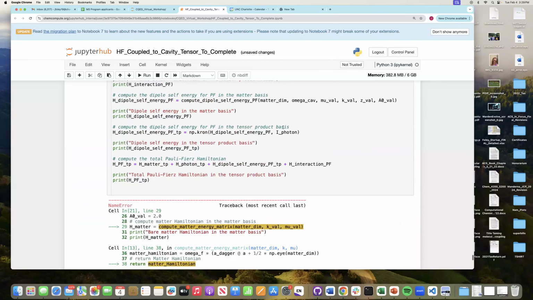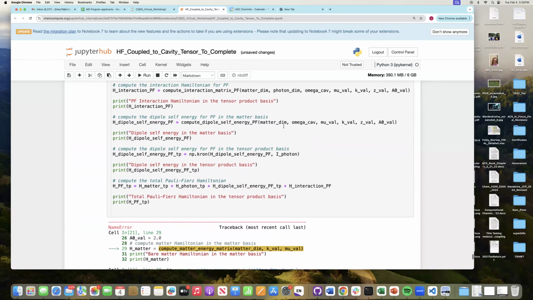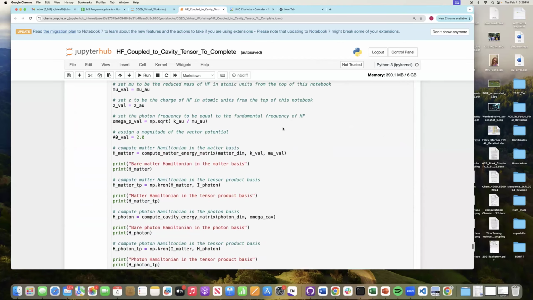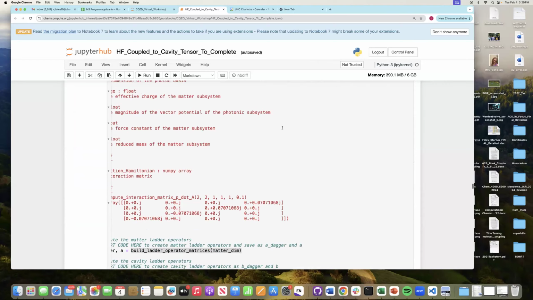Oh no, matter Hamiltonian is not defined. So that's good. Let me figure out where I went wrong. I probably didn't run this cell up here.